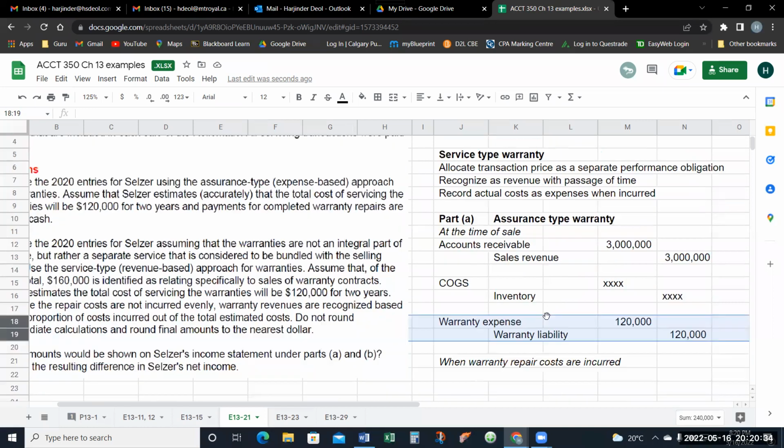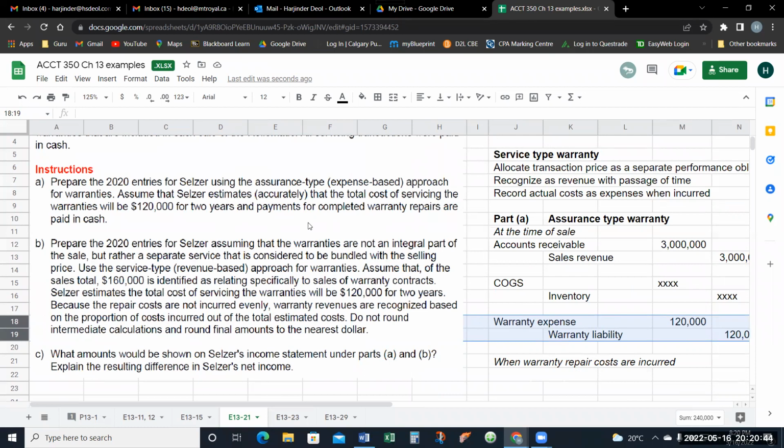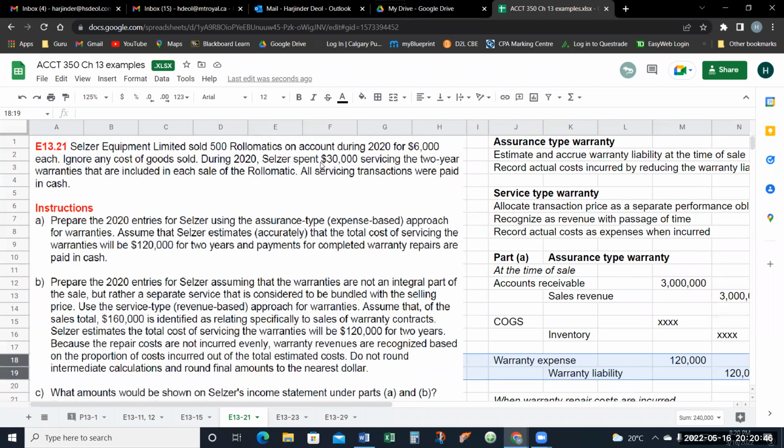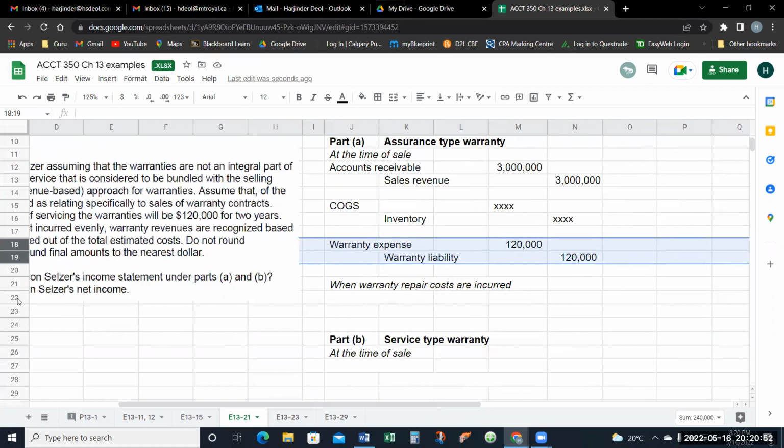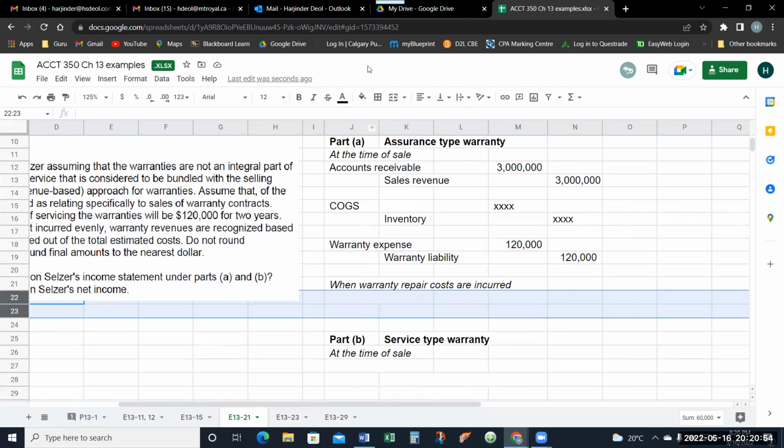Later on, when warranty repair costs are incurred, and in this company's case, they paid $30,000 to fix products that needed servicing under warranty, at that time you debit the warranty liability and credit cash, because we're told that the warranty costs were incurred in cash.